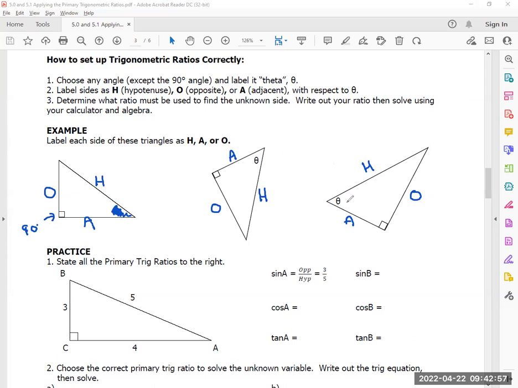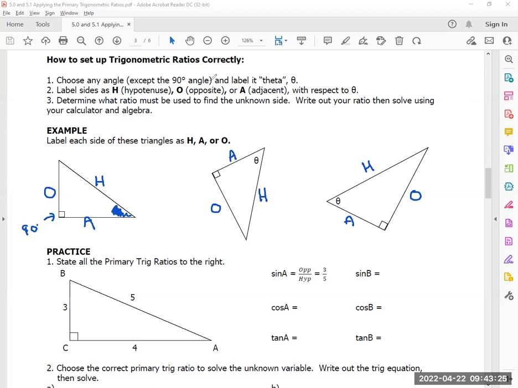Yeah, that's another way you can do it. So if you want to memorize something, sure. This is the angle that I'm interested in. Here's the 90 degrees. A is in between. Right? That's a good one. I like it. Okay. If you want to do SOHCAHTOA, you have to be able to do O, A, and H. If you can't label that, we can't move forward because we're going to be using O, A, and H in SOHCAHTOA.